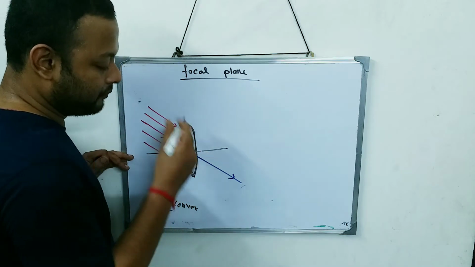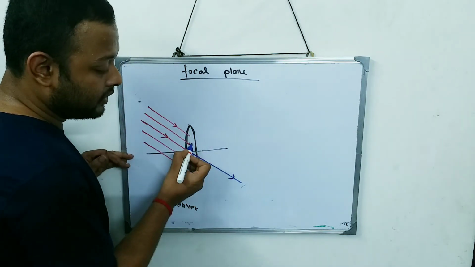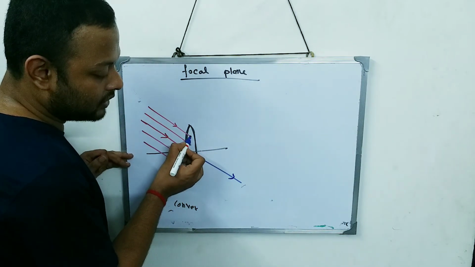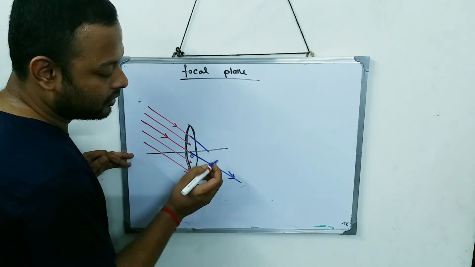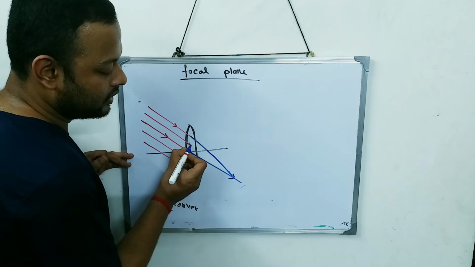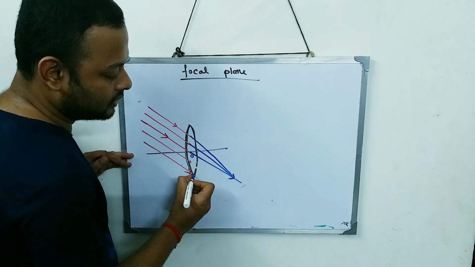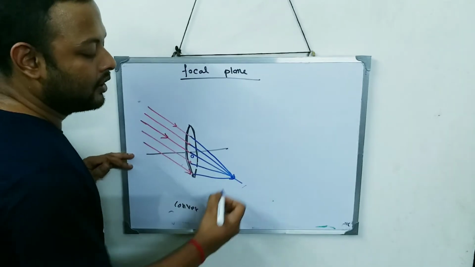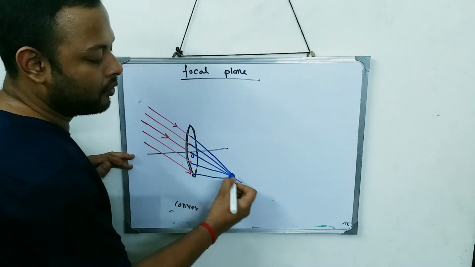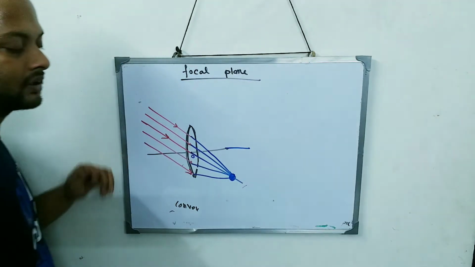What about this ray? This ray will converge to a particular point. Even over here, this ray will converge. Even over here, this ray will converge. Now, at this particular point, all the rays are getting converged.